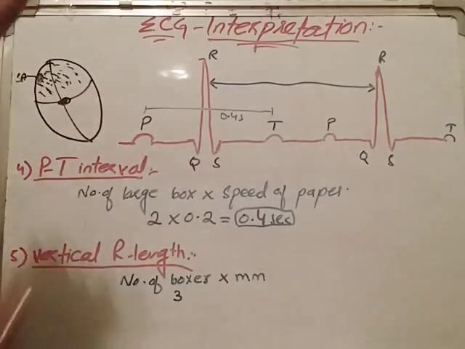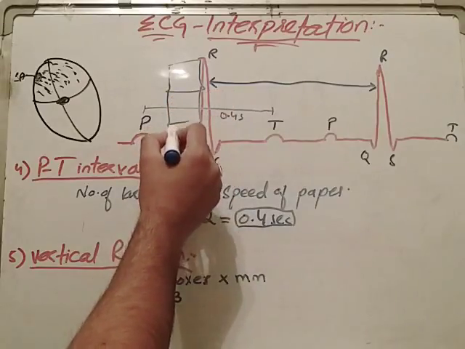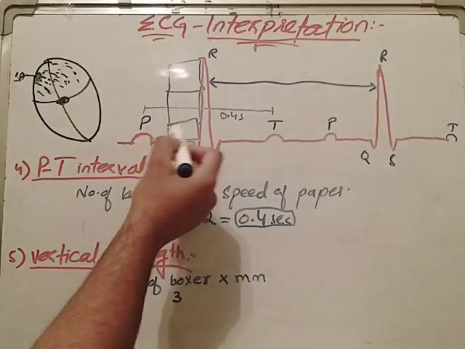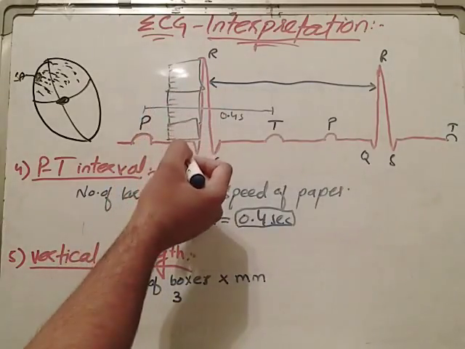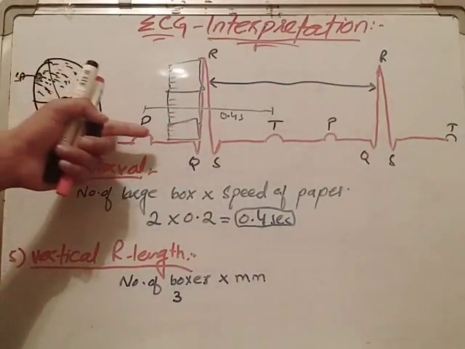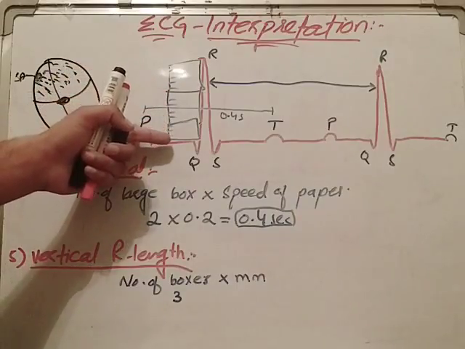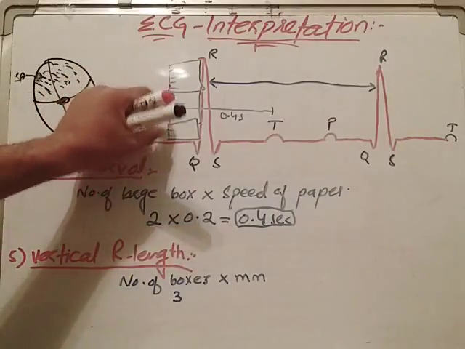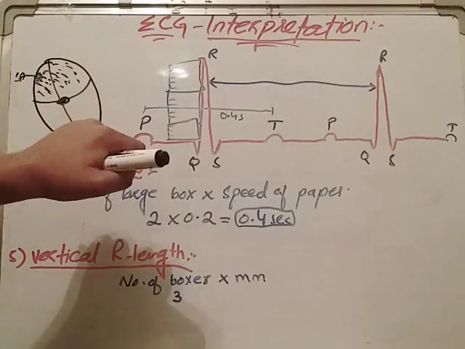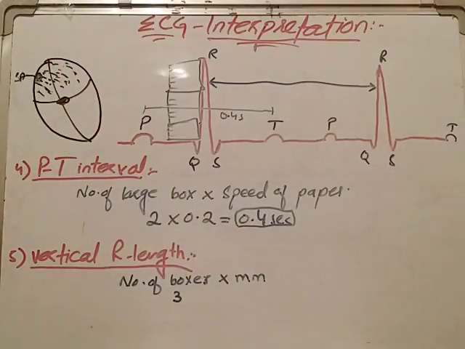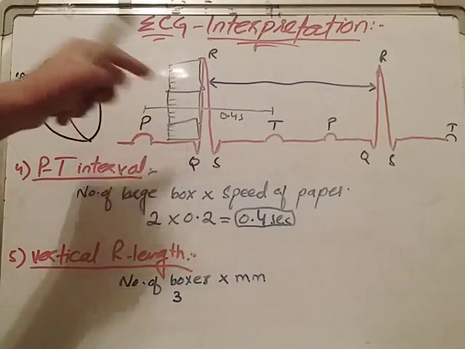Consider 1 box, 2 box, and 3 box, and every box has 5 small boxes. And 1 small box is equal to 1 millimeter. So 15 small boxes will be 15 millimeters.